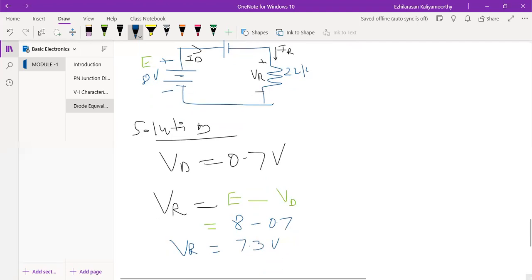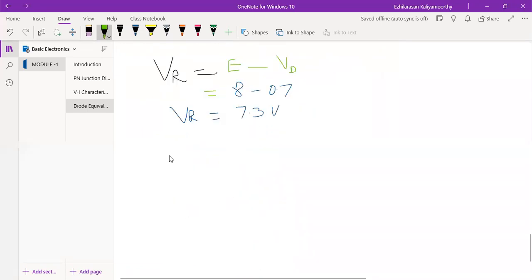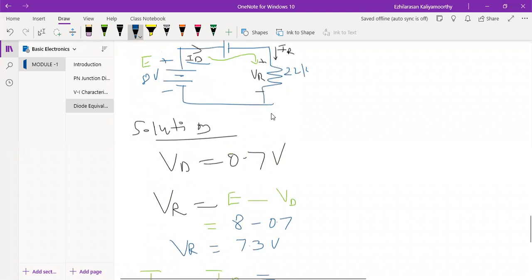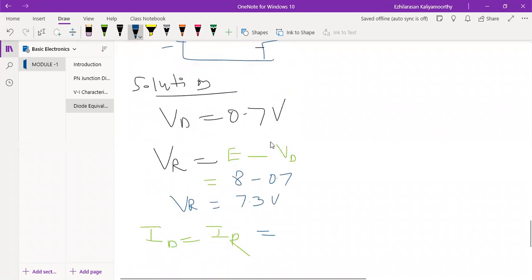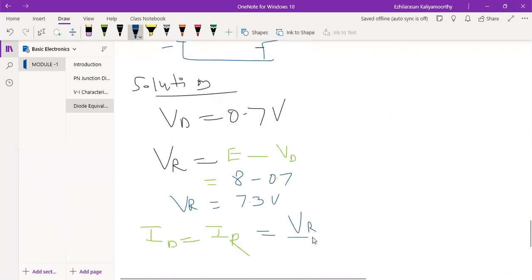Next, what you have to calculate, the question they asked, calculate ID. So what is ID here? You see the current ID which is flowing, the same current, correct? The same current will flow even here also, that is IR. So I can say ID is equal to IR. Now from this, as per Ohm's law, IR is equal to VR by R. VR is already calculated.